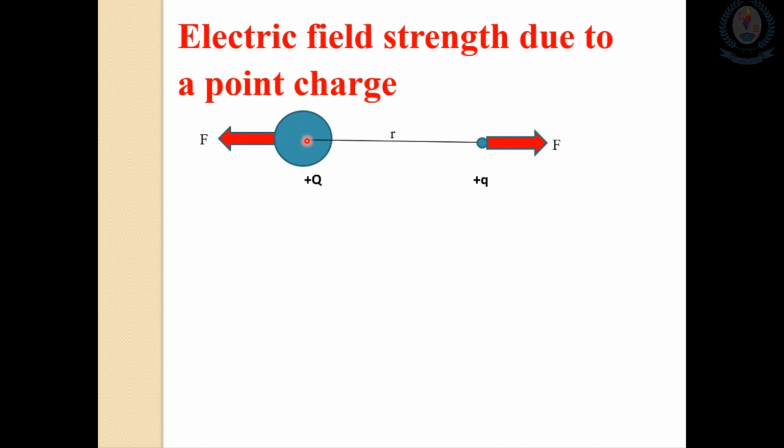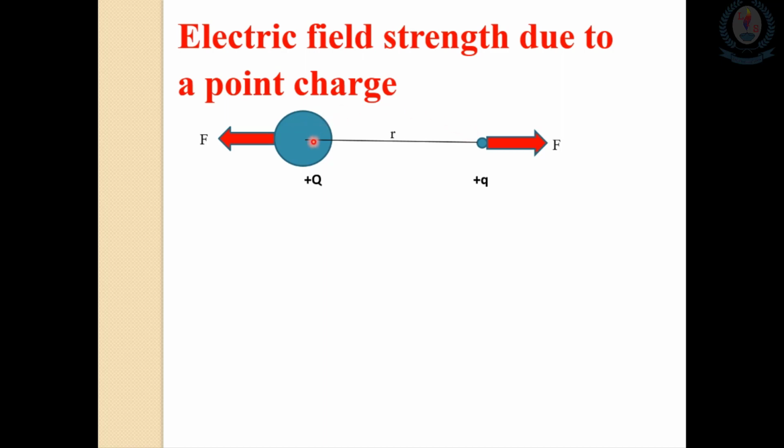As you know, this is a positive charge and this is also a positive charge, so a repulsive force will act on each other, which is given by Coulomb's law, F equals kQq over r squared.